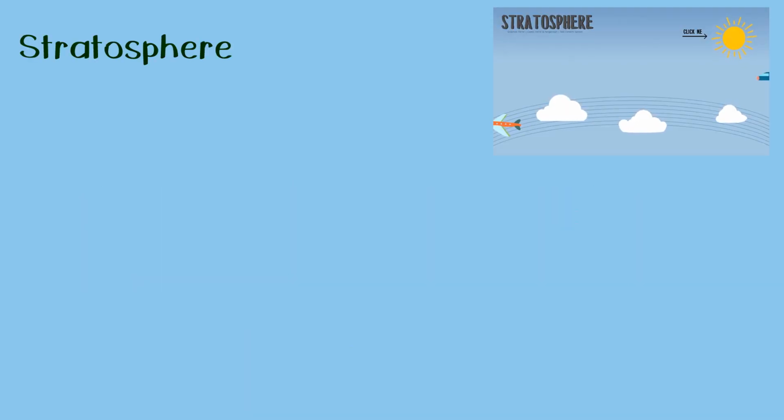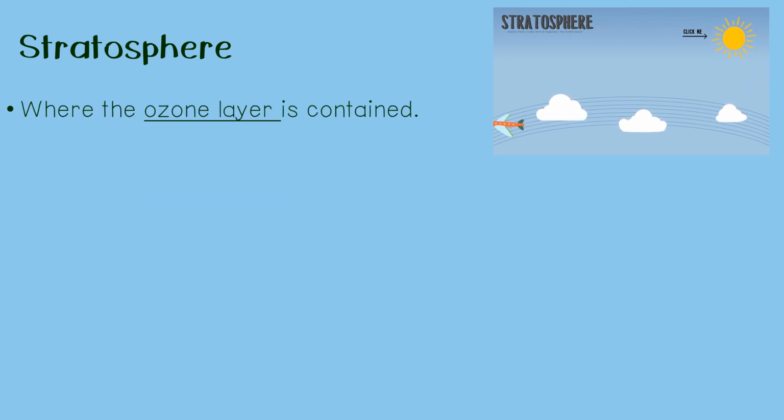All right, so temperature decreases in the troposphere. Next we have the stratosphere. Based off of our picture, we see that there's another plane, and some lines. It kind of looks like there's a little crown going on in here. We do have a few clouds, but the stratosphere is where the ozone layer is contained.